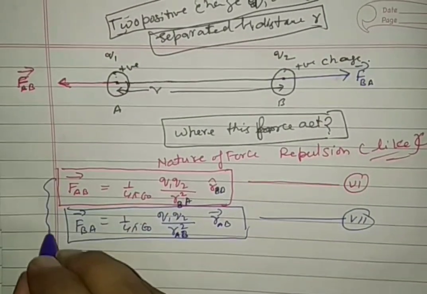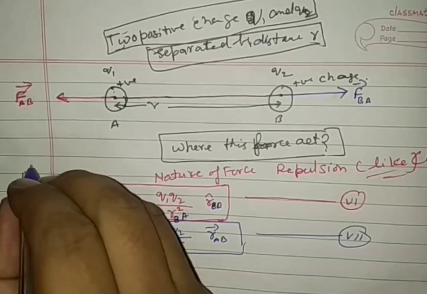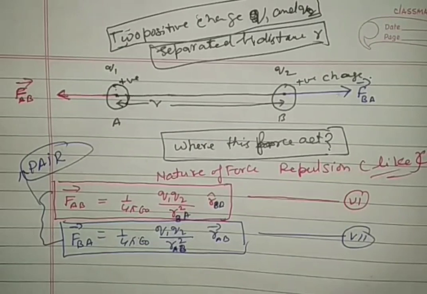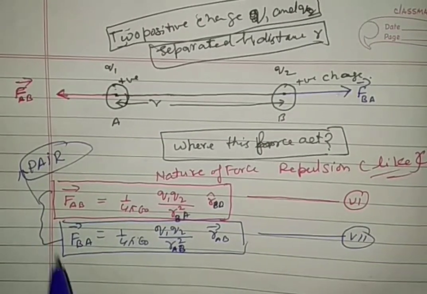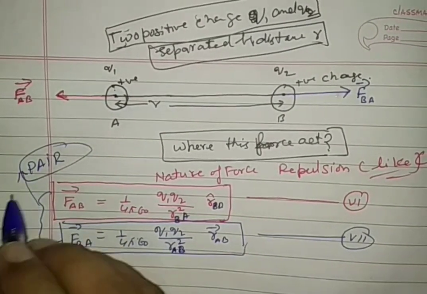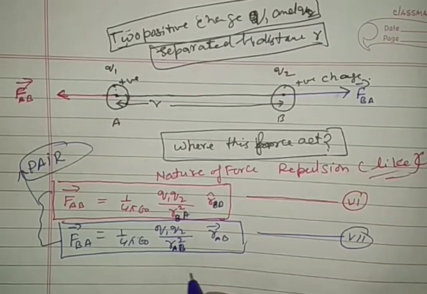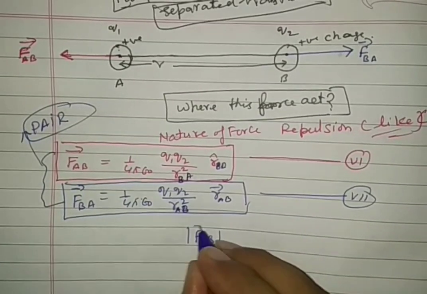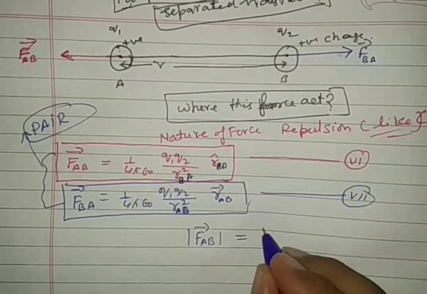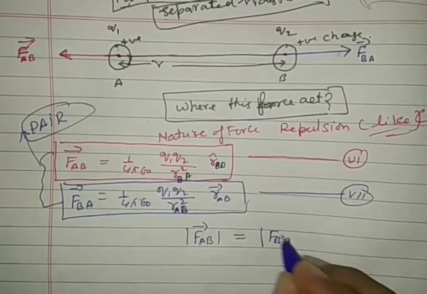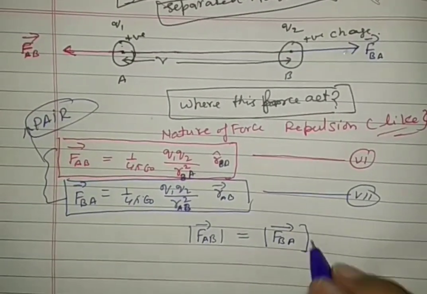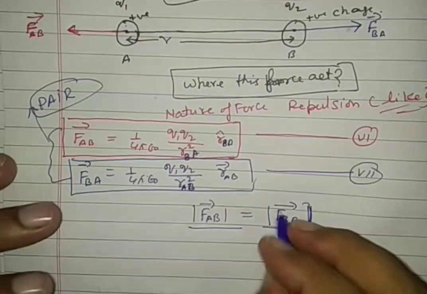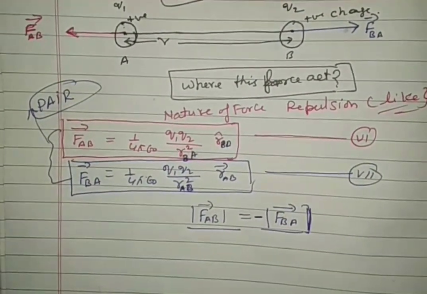So see, both forces always act in pair. Newton's third law of motion holds here. See, the magnitude of force experienced by A is equal to that by B. So equal forces but in opposite direction, so we can say minus.